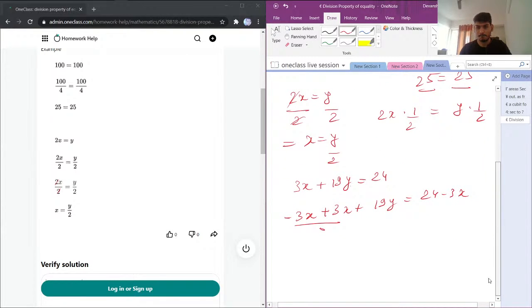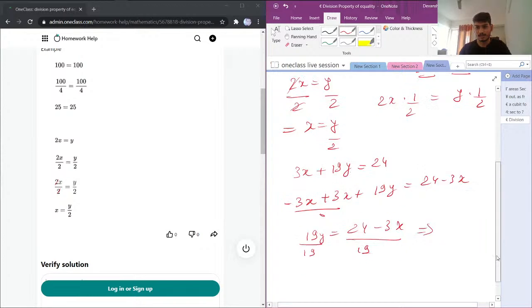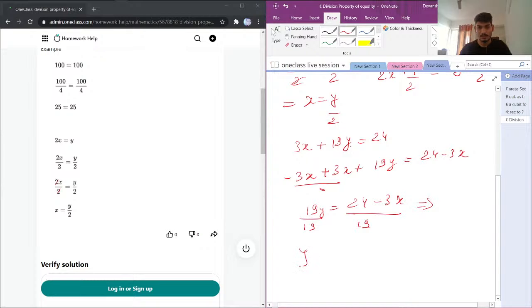Then I can write 19y equals 24 minus 3x. I can divide both the sides with 19 and I will get y equals 24 minus 3x over 19.